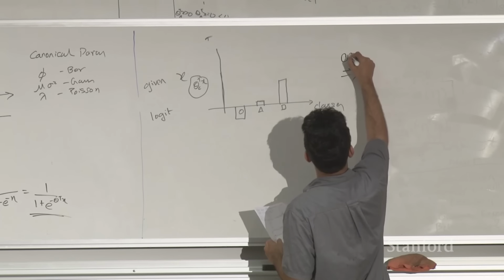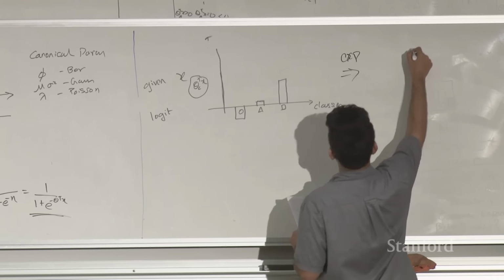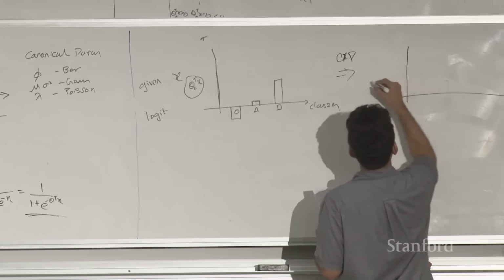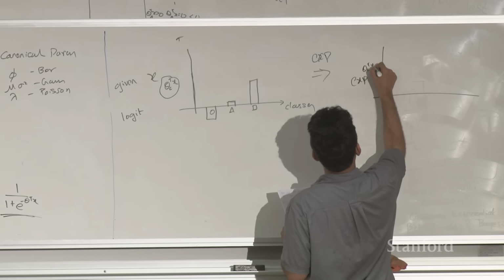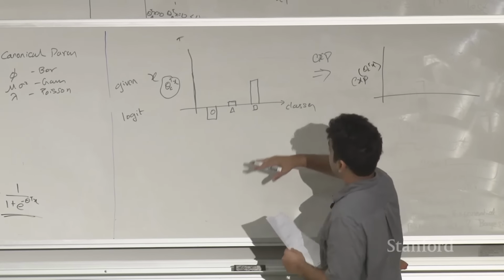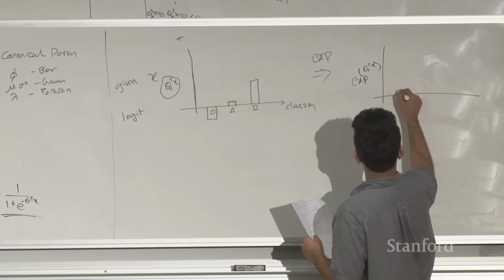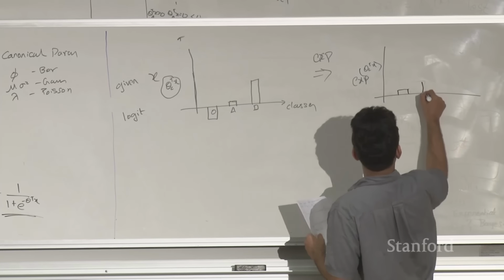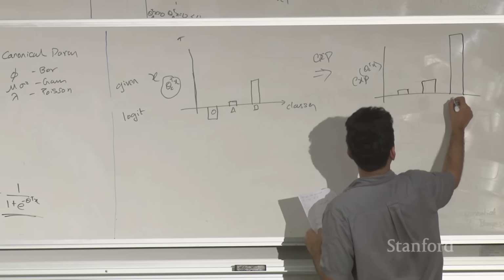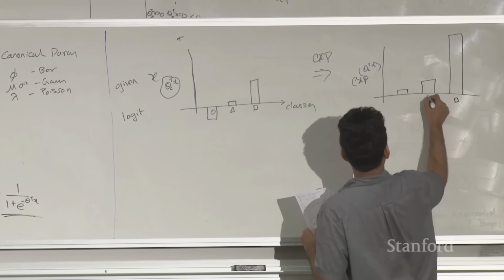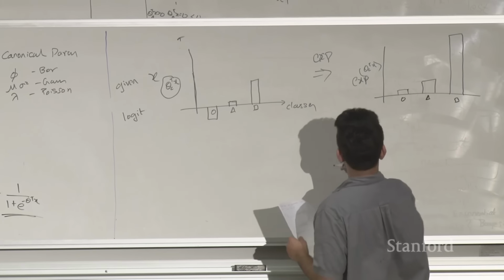So we exponentiate the logits, which gives us exp of theta class transpose x. And this will make everything positive. So it will be a set of values for squares, triangles, and circles. Right?